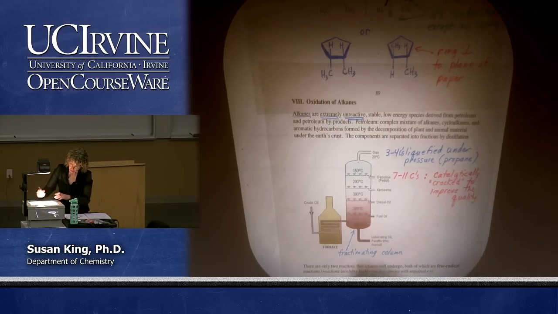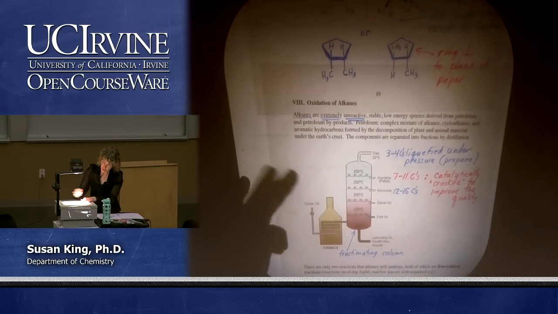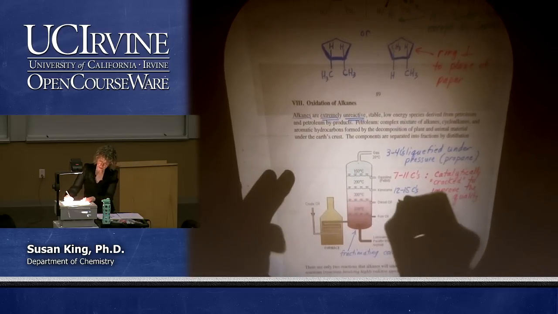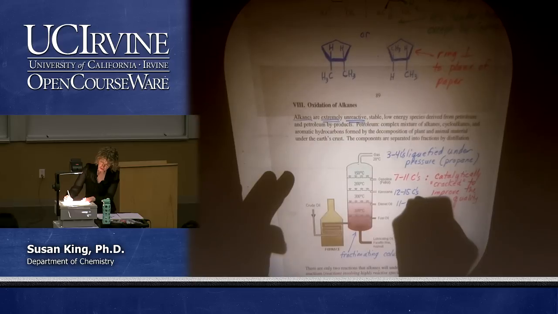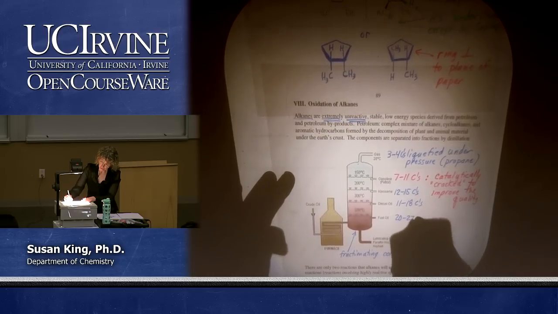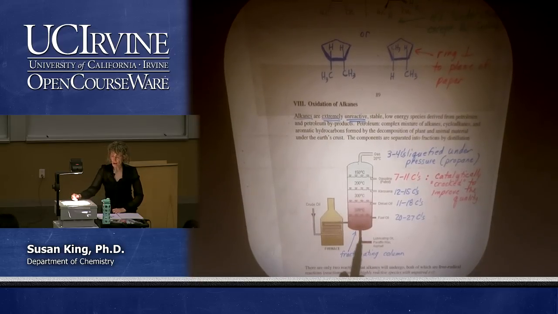And then you have kerosene, which is about 12 to 15 carbons. You'll find a big range when you look for the number of carbons online, I noticed last night. So these are approximate ranges. Diesel oil is 11 to 18 carbons. Fuel oil is 20 to 27 carbons. When you keep going, you get to higher temperatures, and you actually have to use a vacuum.